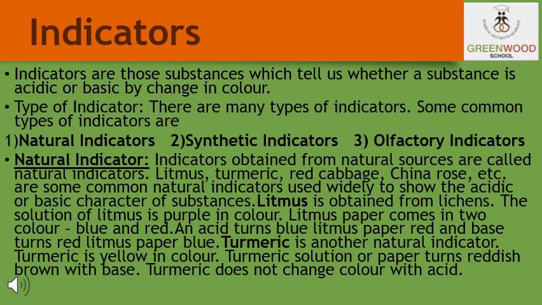Now students, you already know that acids are sour in taste and change the color of blue litmus to red, whereas bases are bitter and change the color of red litmus to blue. But how can we indicate it? Many acids or bases we cannot taste because it is very dangerous.